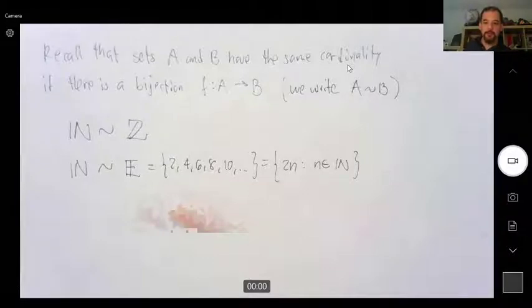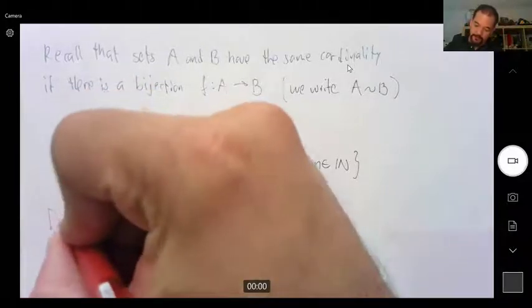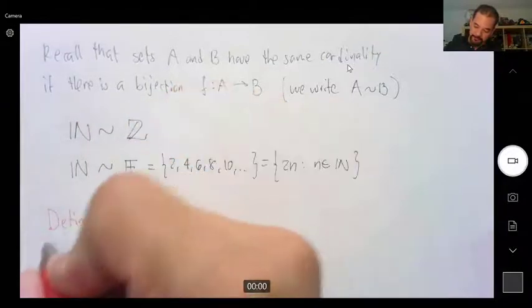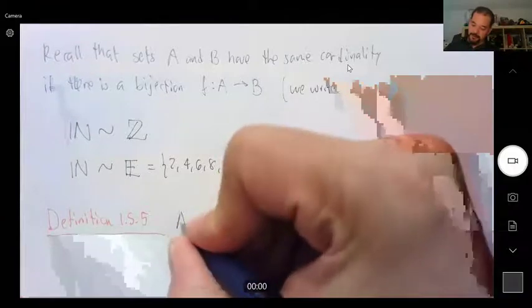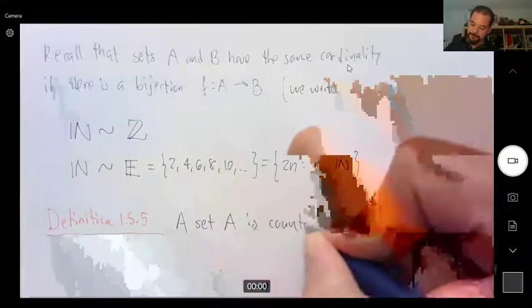So we now have a way of telling when two sets have the same cardinality. And then our next definition, which is Definition 1.5.5 in our book, is the following. We say that a set A is countable.